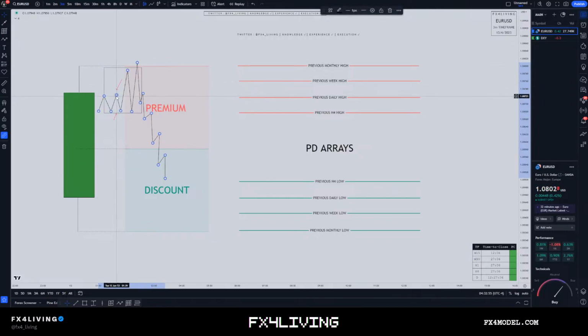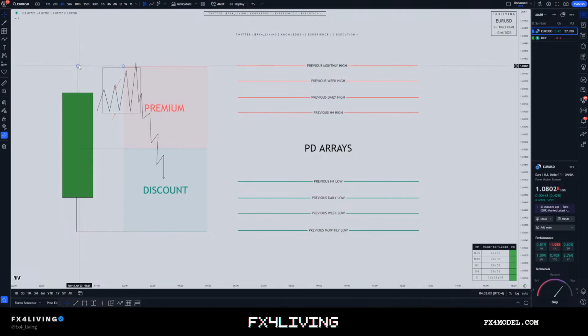This is your accumulation range, and we took the previous daily high, which is our premium PD array. But as well, we have the Asian range PD array. There are double PD arrays here, right?